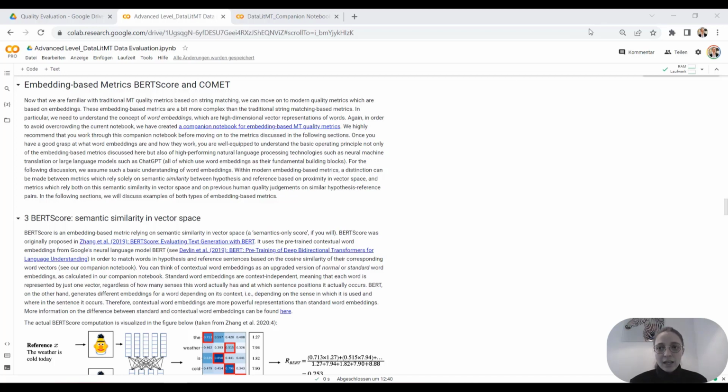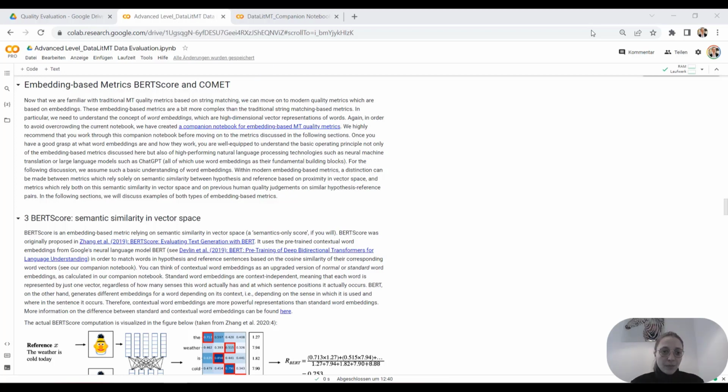They can understand the meaning of the words. So what they exactly do is look at the semantic similarity between a hypothesis and a reference based on their proximity in vector space. And there's more information on this in this companion notebook that you can click on.